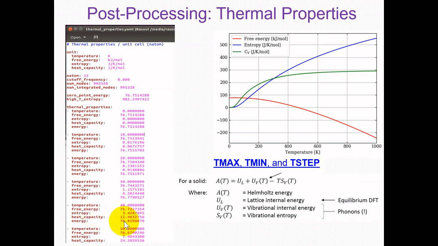And the last one, the energy, is vibrational internal energy, which is 76.85. As you can see here, the vibrational internal energy is larger than Helmholtz free energy, because the temperature times entropy will be deducted from the vibrational internal energy. So always a Helmholtz free energy is less than the vibrational internal energy.